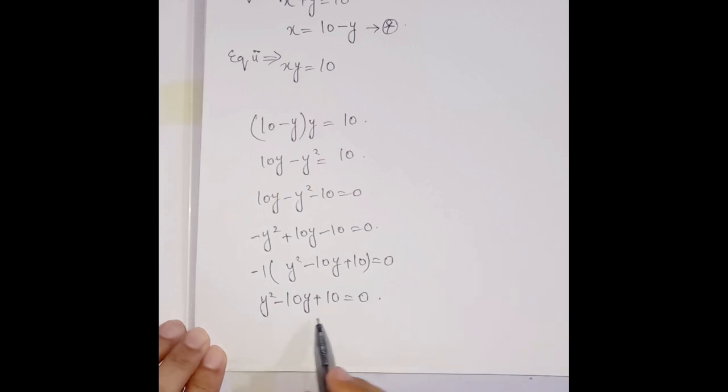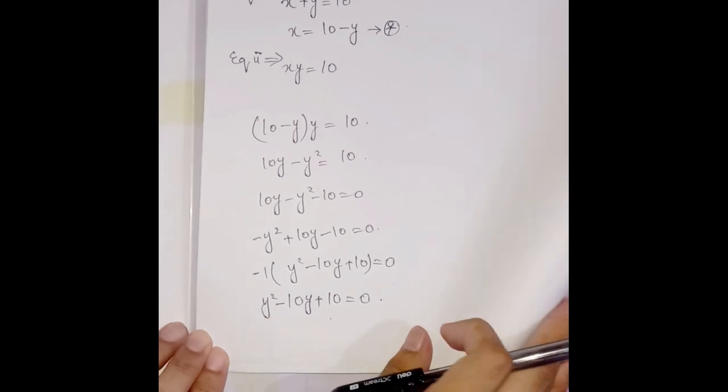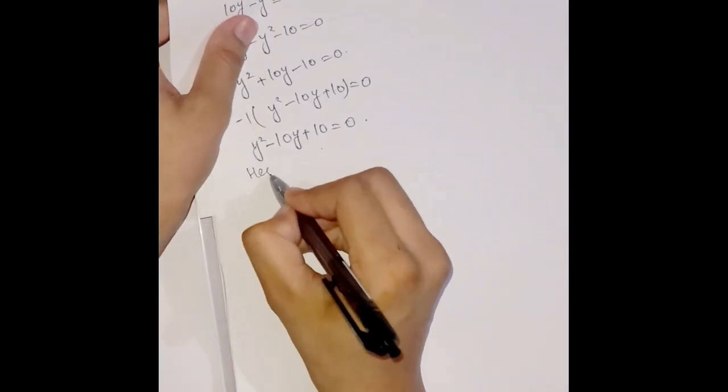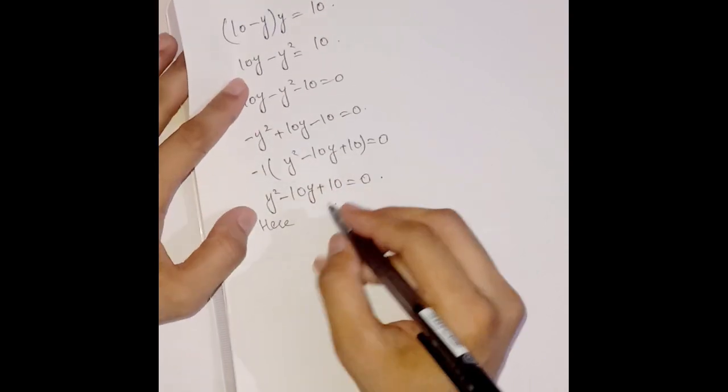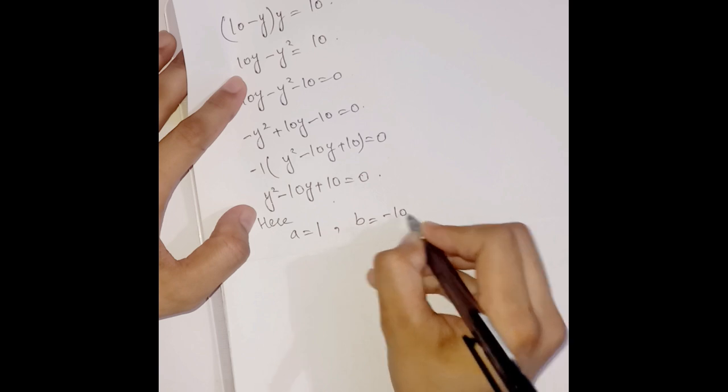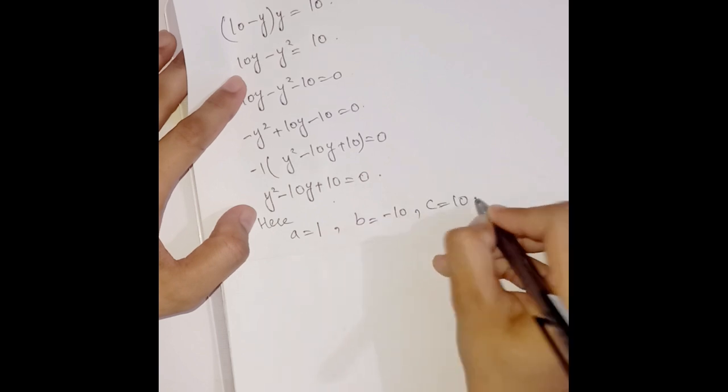Now you can see it's a quadratic equation, so I'm going to apply the quadratic formula in this equation. Here a is equal to 1, b is equal to minus 10, c is equal to 10.